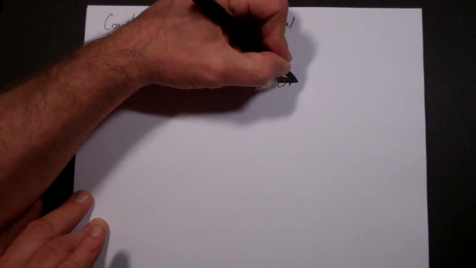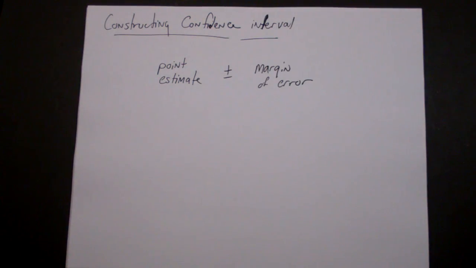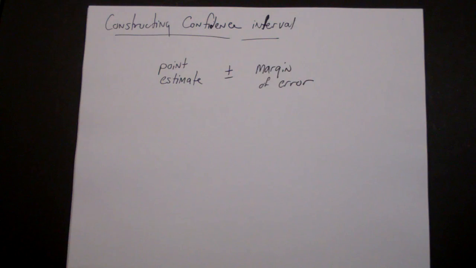And let's think what we mean by margin of error. Well, let's say we were going to study the average height of professional basketball players. And what we did is we took a sample of 100 professional basketball players and calculated an X bar, a sample mean. Well, we don't really believe that we got exactly the right answer.